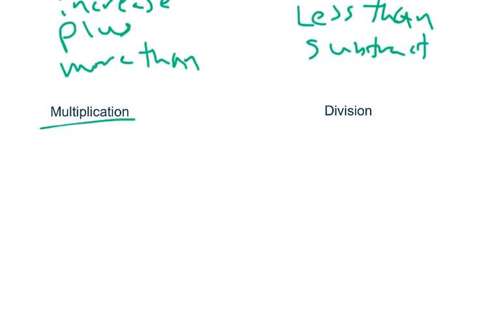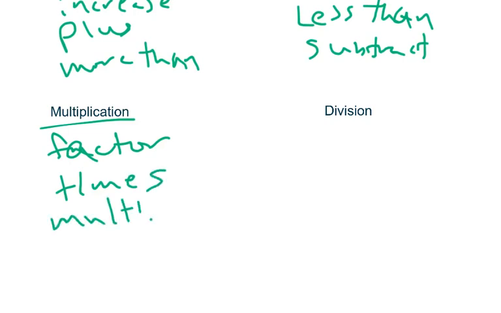Multiplication. Some of the keywords for multiplication are factor, times, multiply, and then the word product.